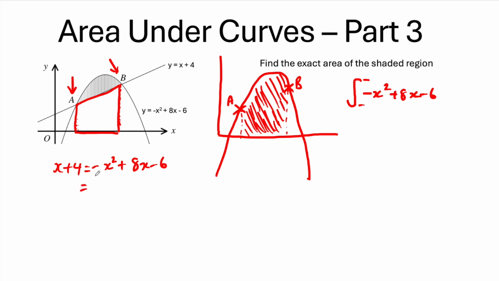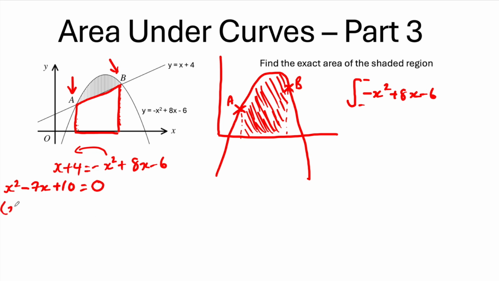Now to solve this, I'm going to bring this over this side, so we've got a positive quadratic term to deal with. It's always easier that way. I'm going to bring the 8x over, so subtract 8x from both sides to get minus 7x. I'm going to add 6 to both sides to get 10. Okay, and that equals 0.